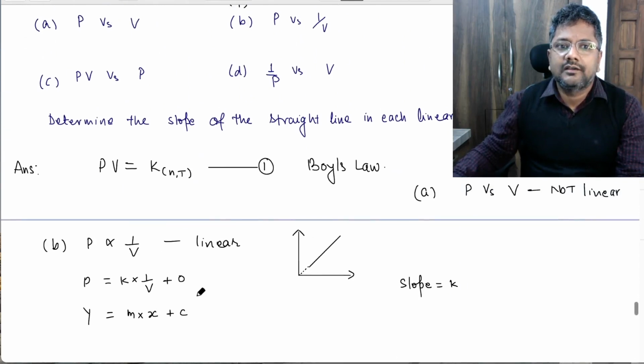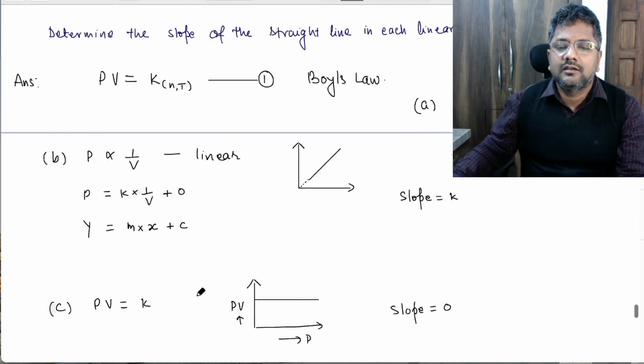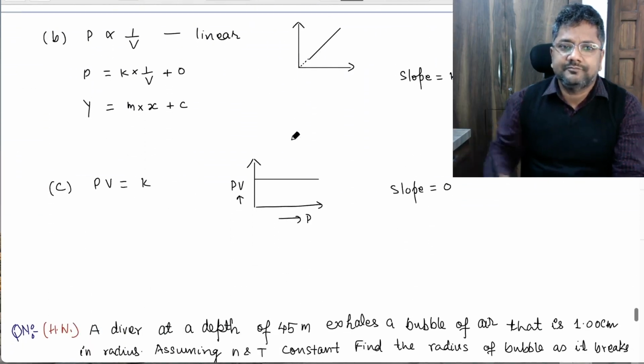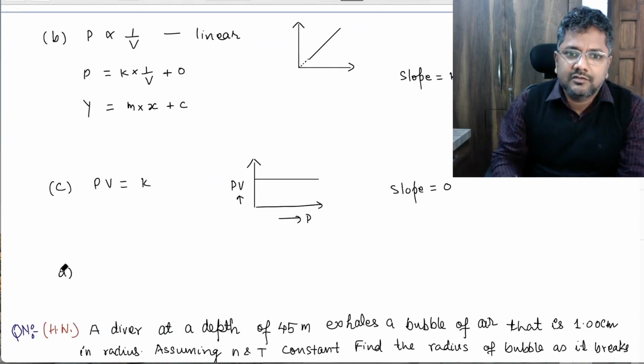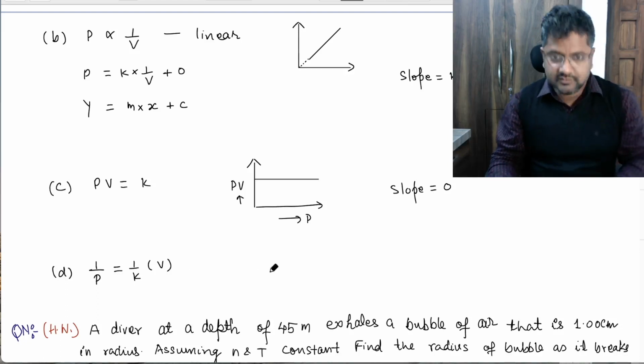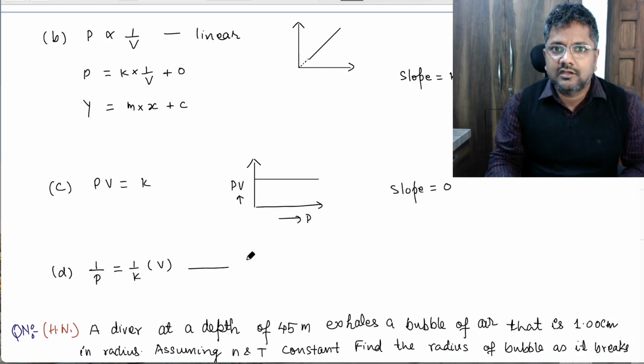And this D, 1 by P versus V. So 1 by P is equal to 1 by K into V, right? So this is another equation.